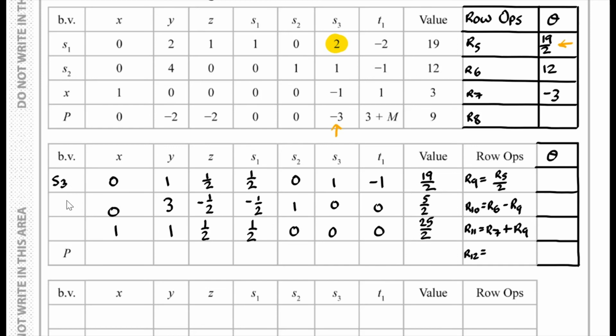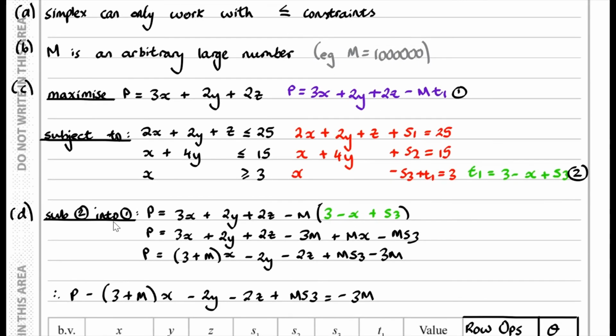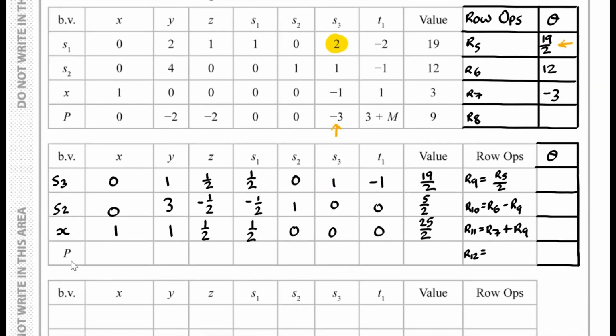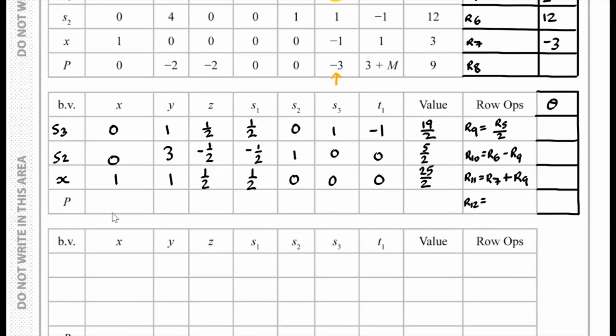So this over here is S2, and here we still have the X. Okay. And finally for this P row, we can work that out in relation to row 8.